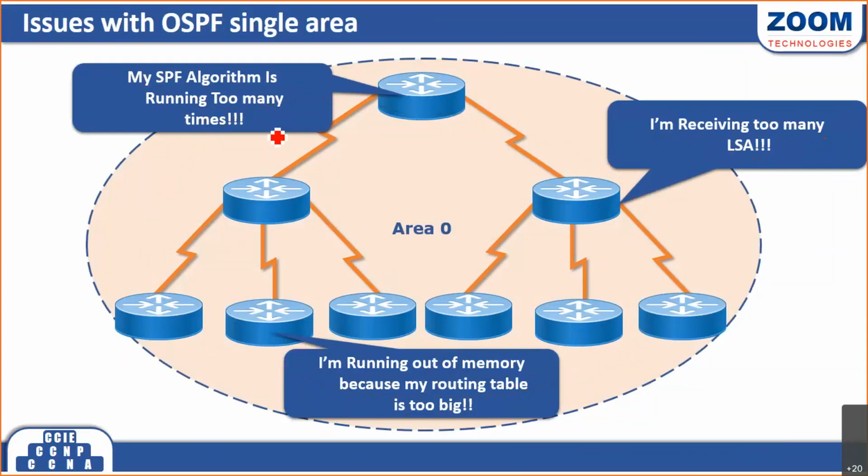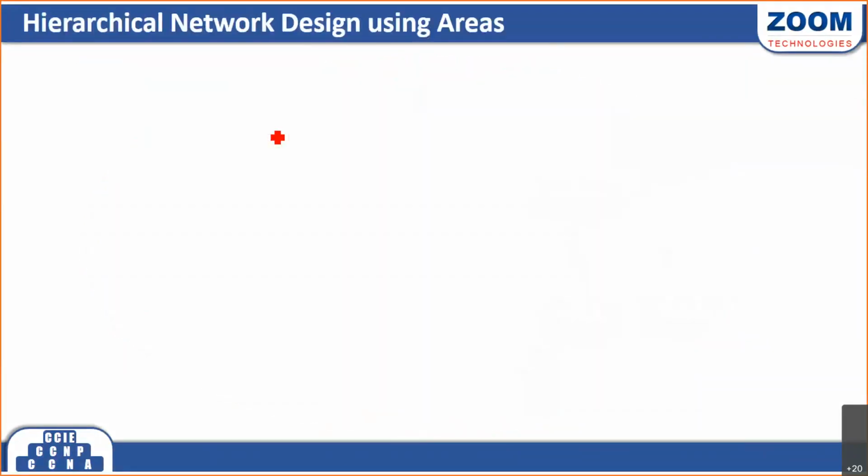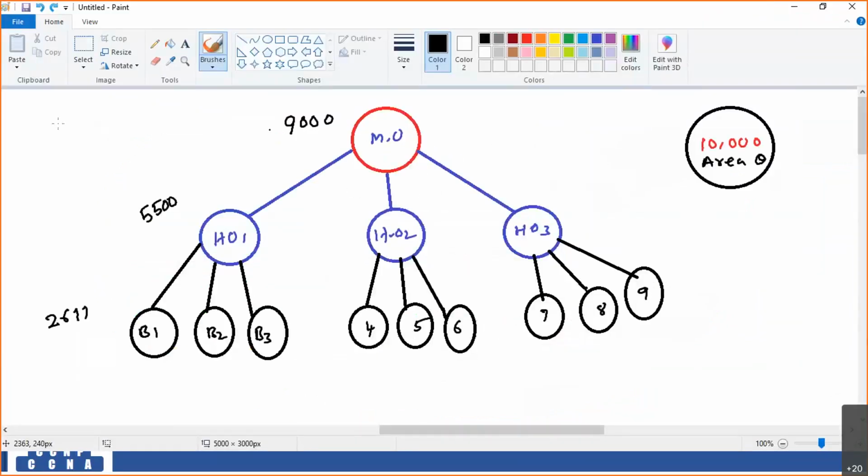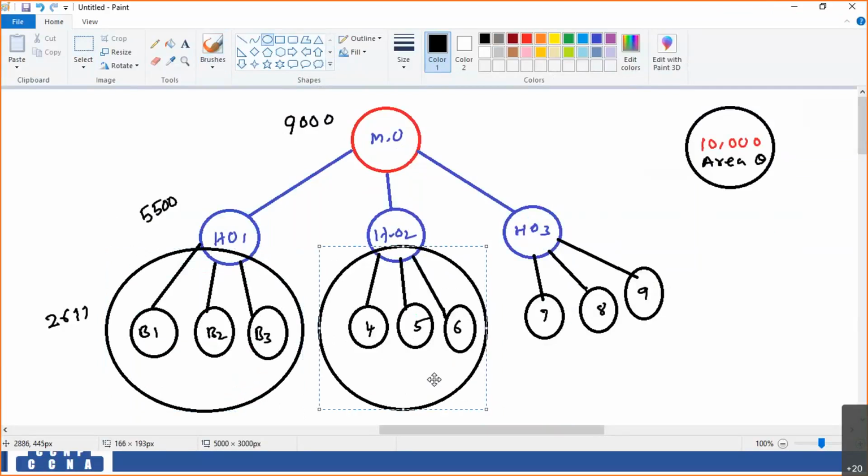So to overcome this type of issue, OSPF is designed by dividing the single area into multiple areas. So the OSPF network design is divided into multiple areas. One area has to be designated as area 0. It's divided into multiple areas. A few routers come under one area. Again, a few routers come in another area.